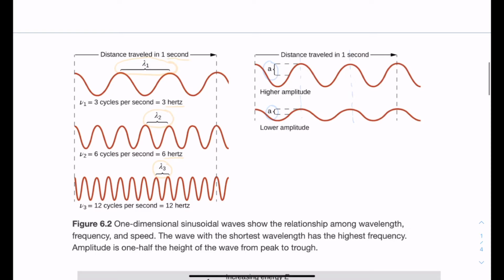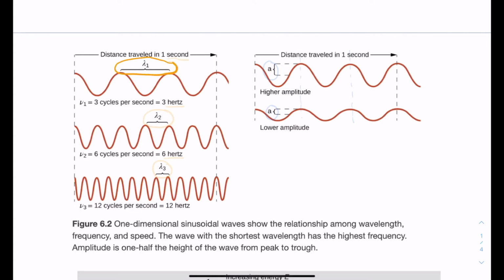Based on our generic setup, the frequency associated with this top wave is 3 hertz because it goes through 3 cycles in that 1 second distance that we have put up here.